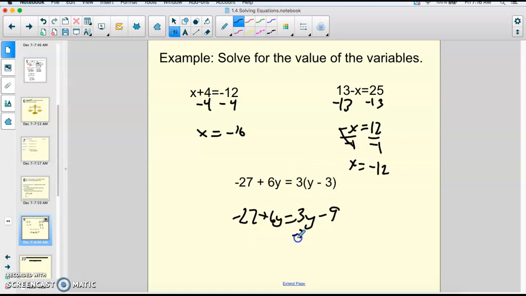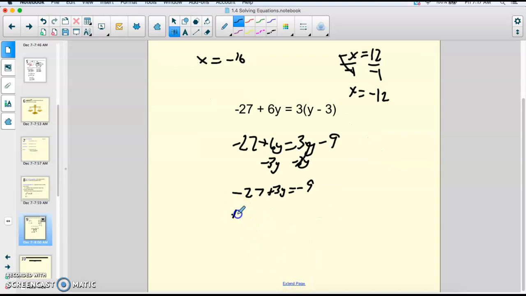So I'm going to subtract my 3y over, and we're going to get negative 27 plus 3y equals negative 9. And we're going to add 27. Left with 3y equals, what, 18? 18 divided by 3 is 6.